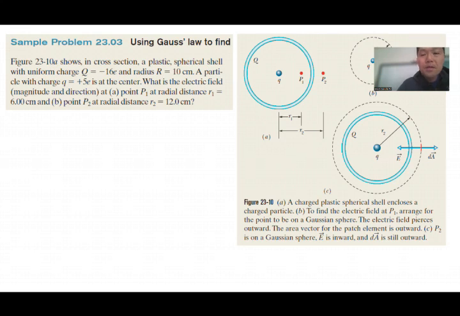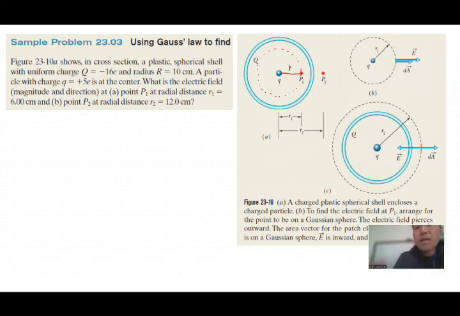At the position P1 inside the spherical shell, the Gaussian surface should be like this, with the radius R1 up to the point P1.